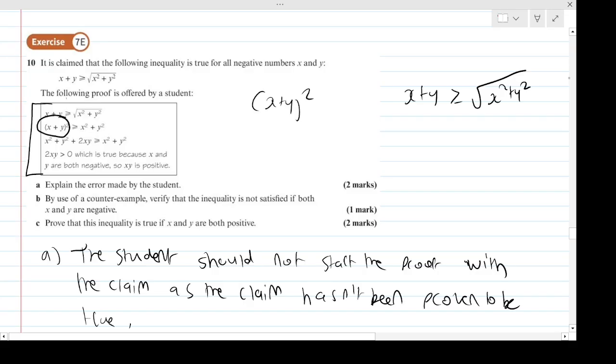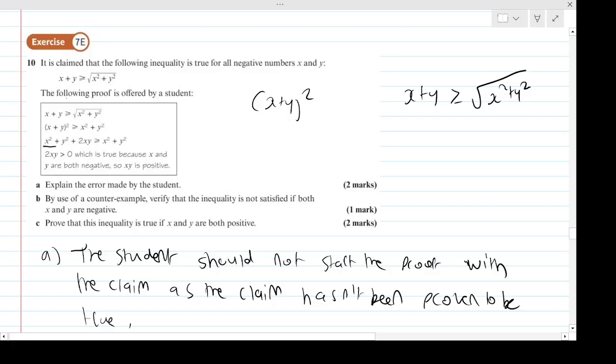That is key to these sort of proof questions with inequalities. So they've done that. Then they squared both sides from line 1 to line 2. Then they expanded the bracket. Then they took away both x squared and y squared from both sides. So they've already outlined the proof for us, really.